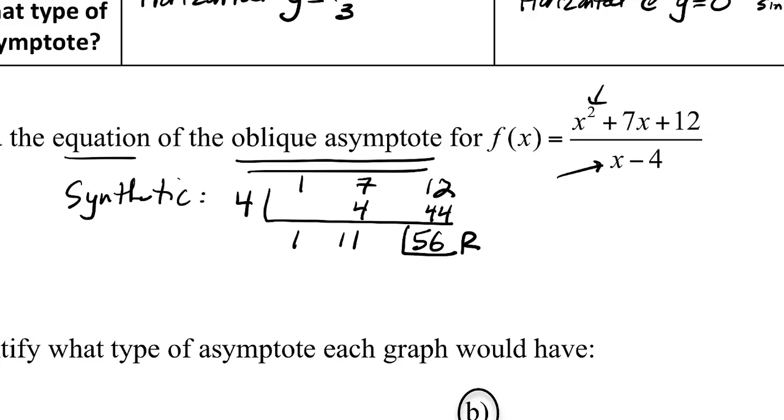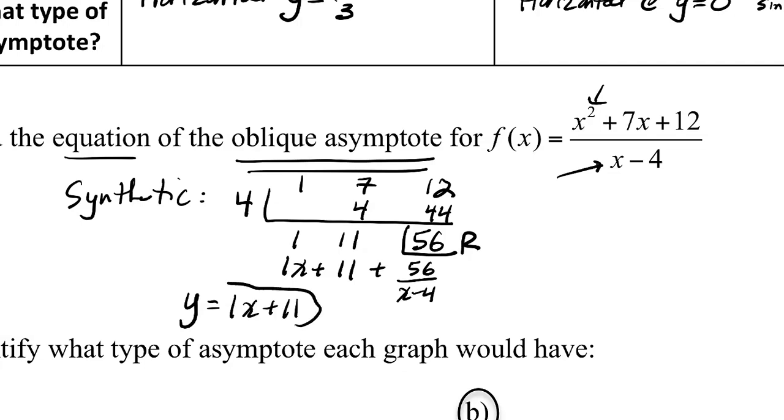So we started as an x squared. This now becomes a 1x and then 11 plus the remainder. But as you put very large x values in, the remainder approaches 0. So we would just have y equals 1x plus 11 as the location of the oblique asymptote.